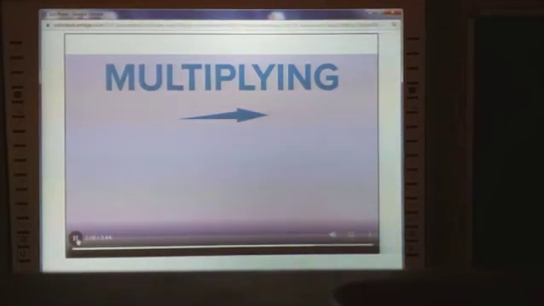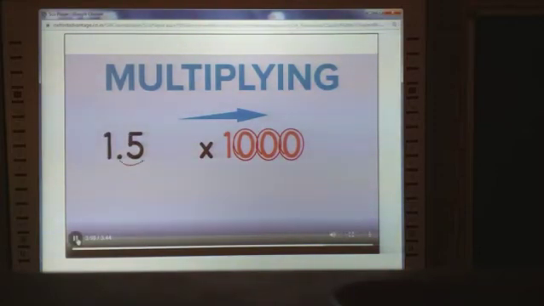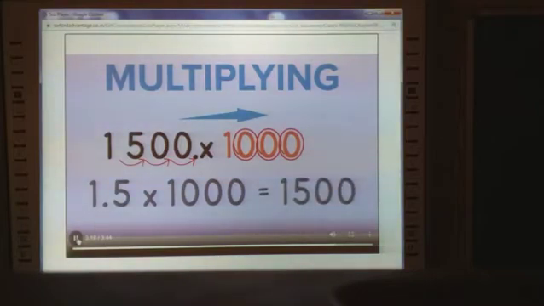How do you think we might find out what 1.5 multiplied by 1000 is? That's right, because there are 3 zeros in 1000, we move the decimal point 3 places to the right. Now we know that 1.5 multiplied by 1000 equals 1500.